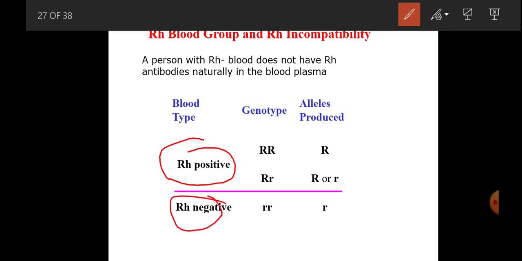So the rhesus negative are recessive, meaning that for a person to be negative, they must be homozygous recessive. For a person to be positive, they can be either homozygous dominant or heterozygous dominant in that case.